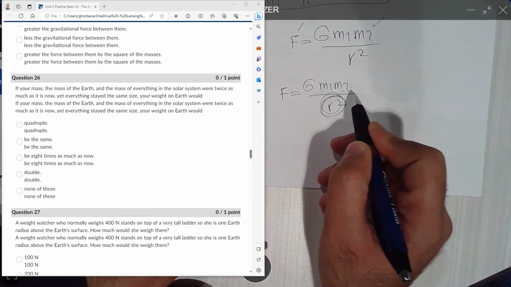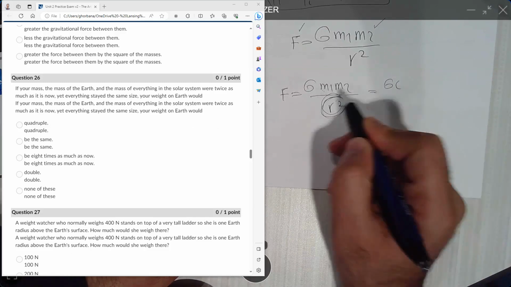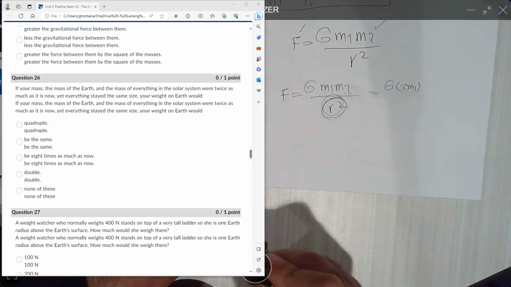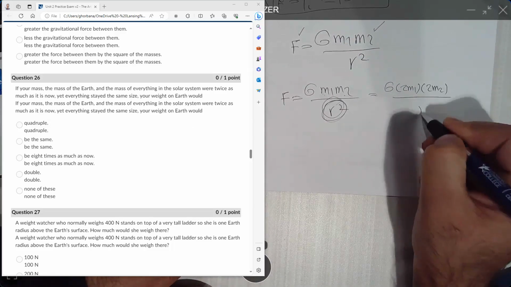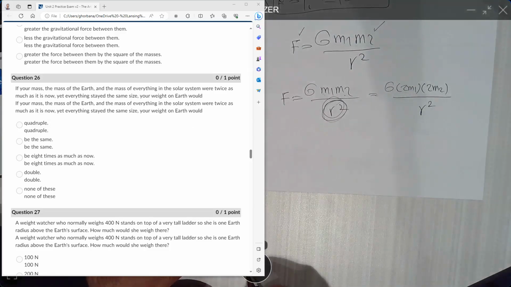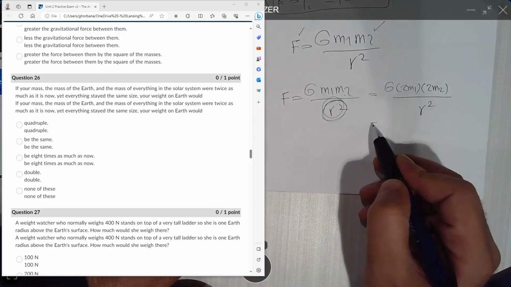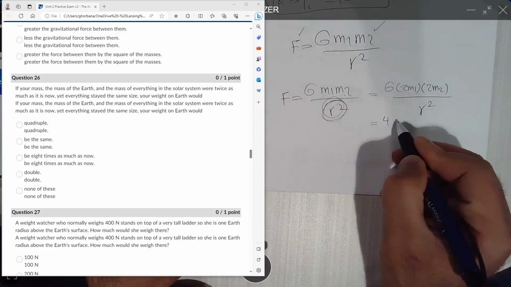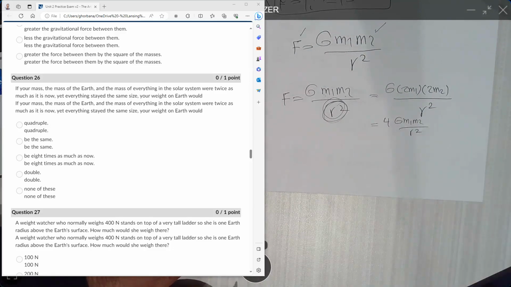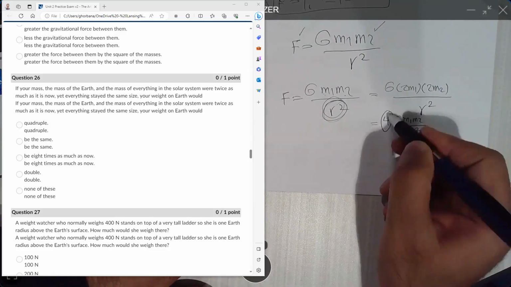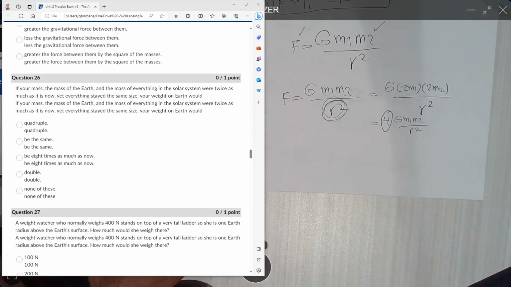So m1 becomes 2 m1, and m2 becomes 2 m2, but the r stays the same. If you multiply these two numbers, it's going to be 4 G m1 m2 divided by r squared. So it's going to be 4 times. So what is the right answer then? It's going to be quadruple.